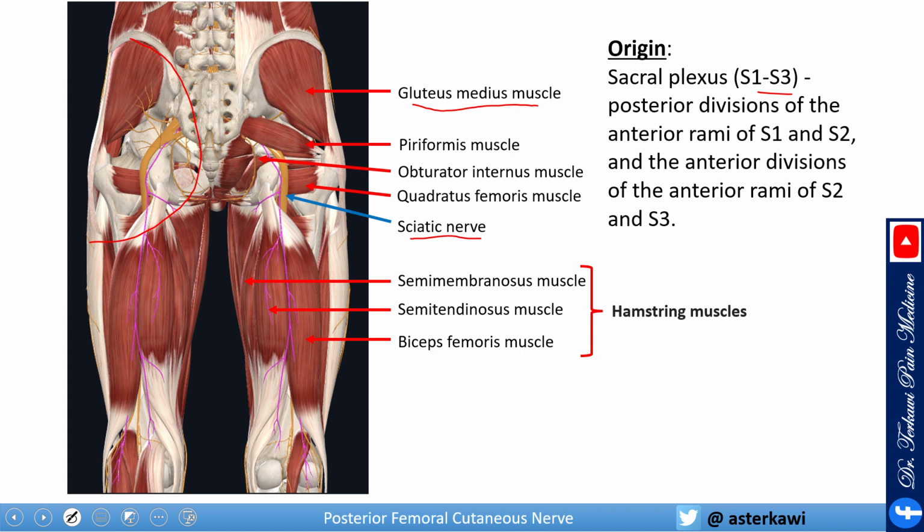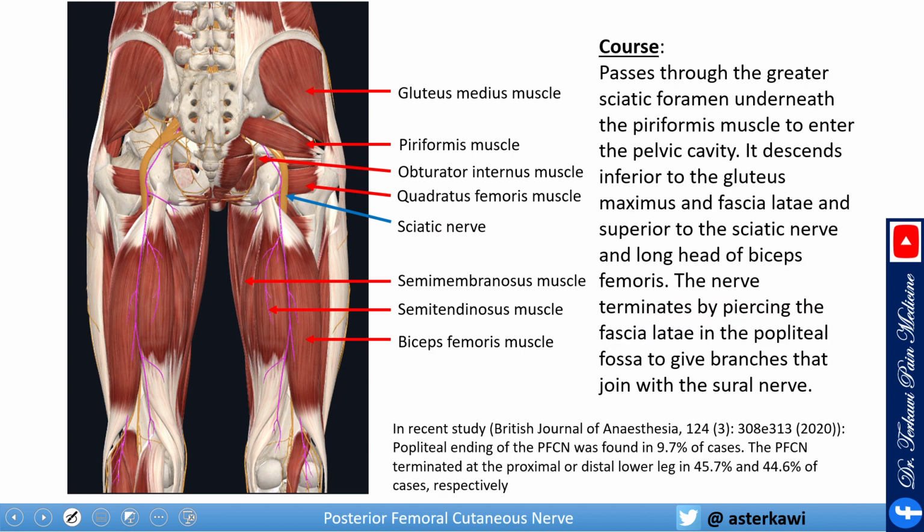I want you also to see the obturator internus muscle and how it goes underneath the nerve, and then the hamstring muscles that attach here, which consist of three muscles from lateral to medial: biceps femoris, semitendinosus, and semimembranosus.